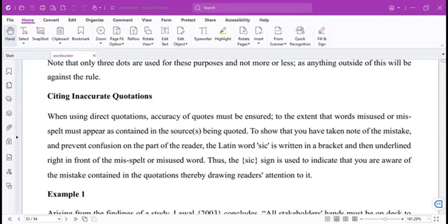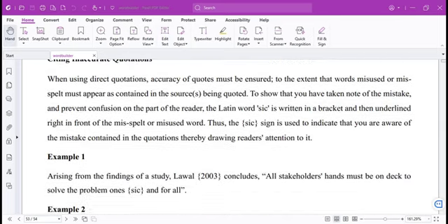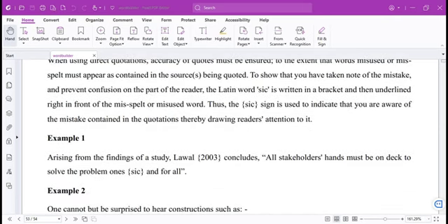But the only thing is that you have to indicate this sic sign, to show that inasmuch as you're typing this wrong word, you're aware that it is a wrong word. And it helps the reader to understand better that even though this is not correctly spelled, the writer knows that yes, it's not correctly spelled, and there's a better spelling for it.